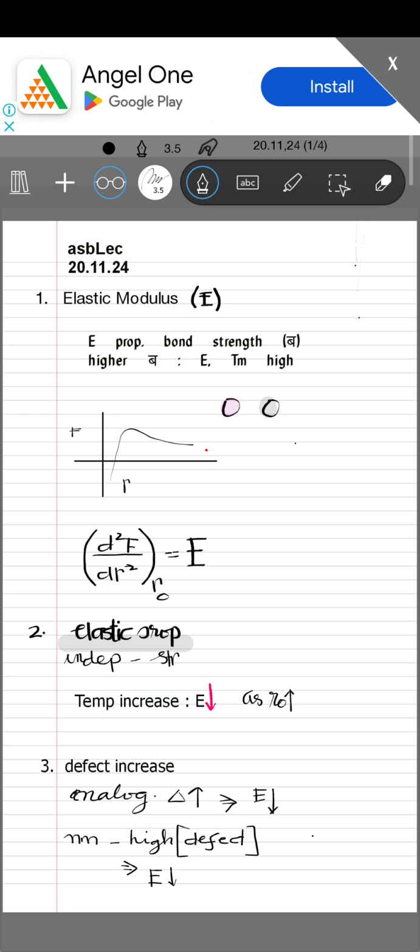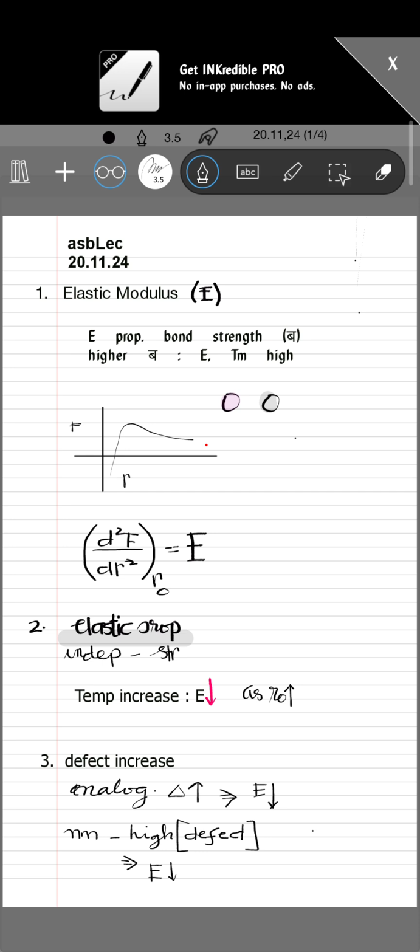Now this elastic modulus therefore depends upon the atomic bond strength and is independent of the structure as well as the macrostructure of the molecule concerned, since it is mainly depending upon the bond strength.